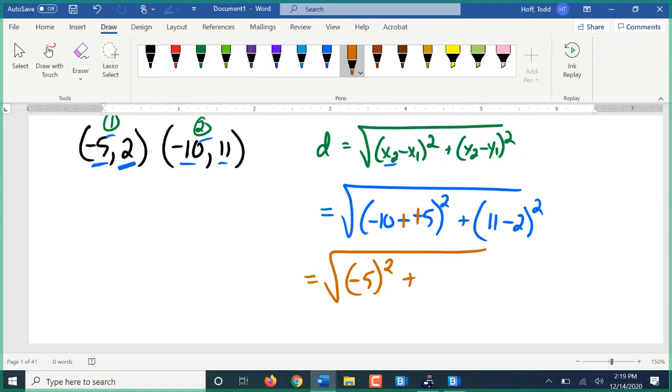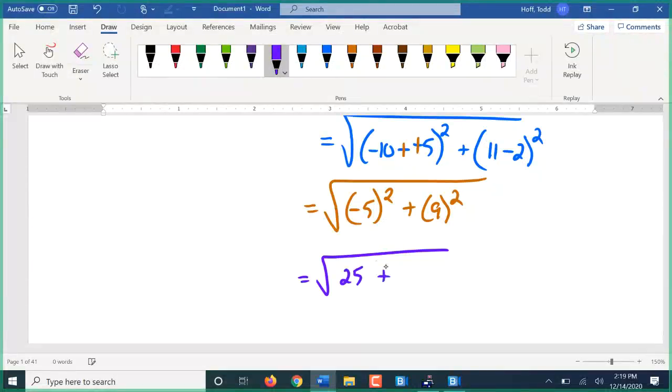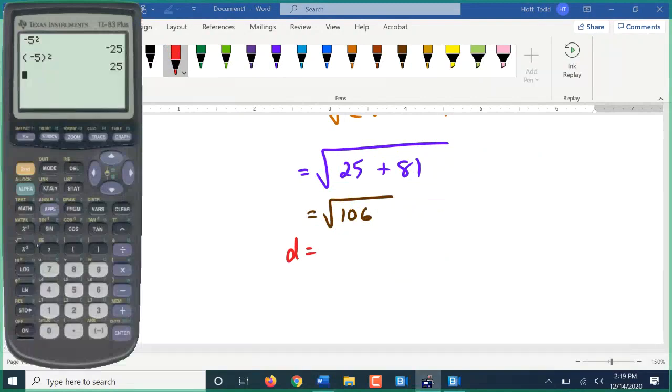11 minus 2 is 9. Now we have to square them. Negative 5 squared is 25. 9 squared is 81. We add those together. 25 plus 81 is 106. And we have to take the square root. Square root of 106.